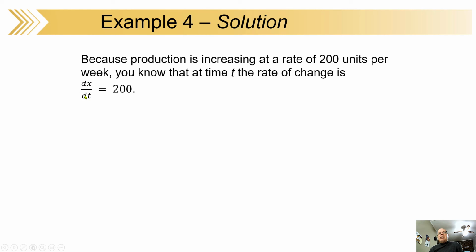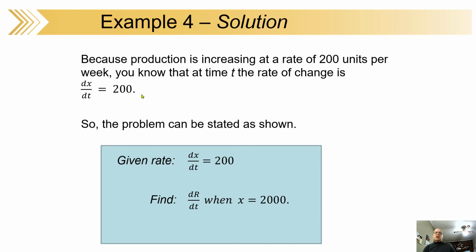So dx/dt is one of those things you're going to write in a box somewhere, because when you do your differentiation, all that work, dx/dt is going to be in there somewhere, and you're going to need to replace it by a 200 to get your particular result. So here you got the given rate, dx/dt is 200. You want to find dR/dt, remember, the rate of change of revenue when the x is 2,000.